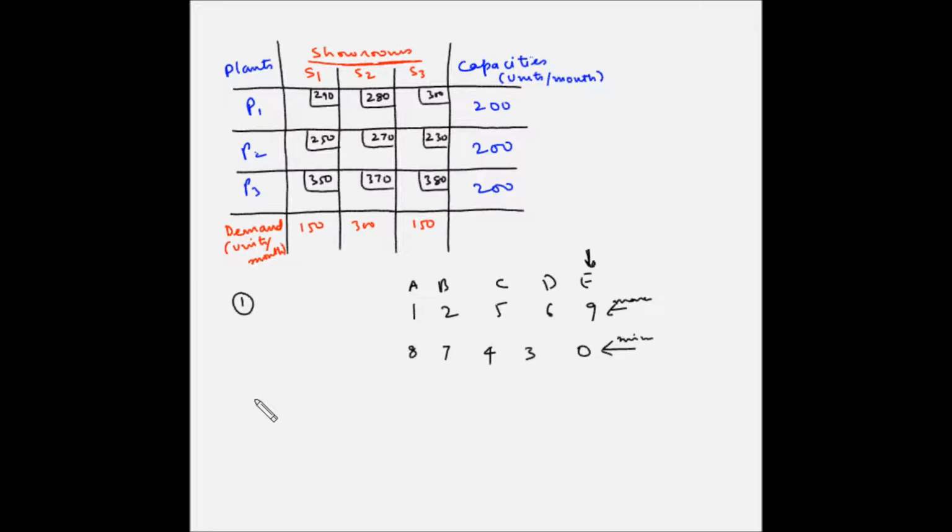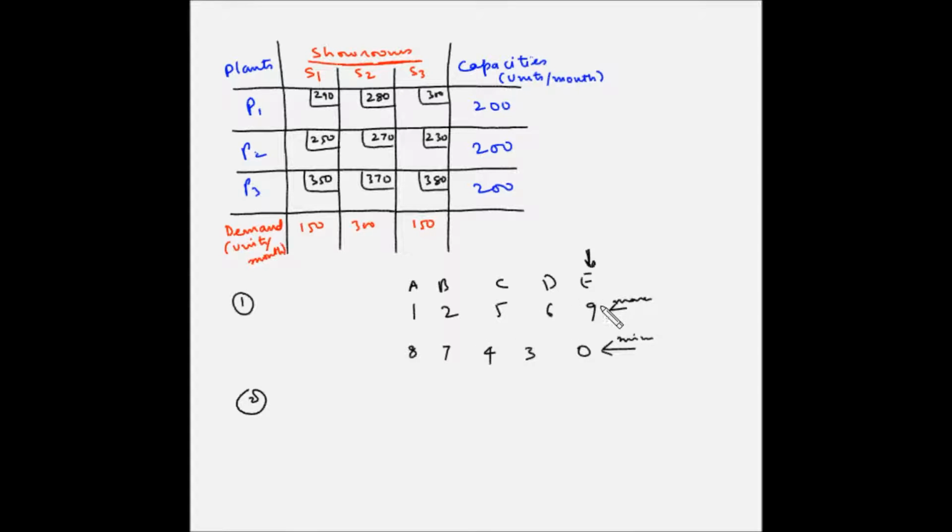Now let's look at the second option. So let's take the same set again, and if we have the maximization objective, we want to find out the maximum number. The answer is E, which has 9 as the value, which is the maximum value in all these numbers.